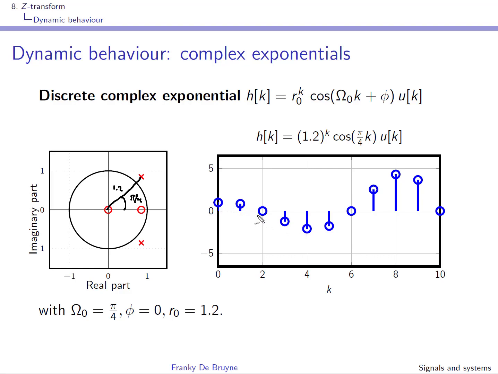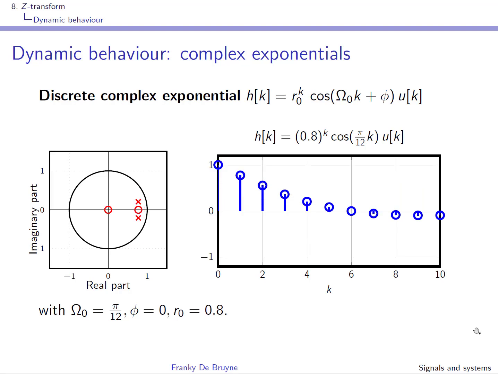But you can see that from a frequency point of view we still have the same discrete frequency pi over 4, and this r0 of 1.2 is going to make this impulse response diverge.